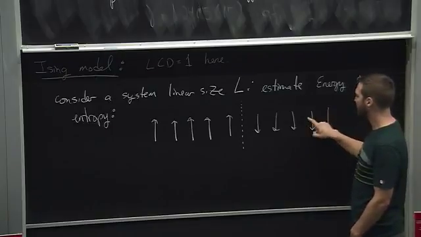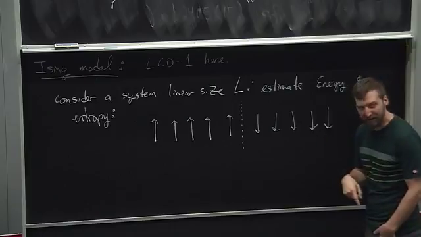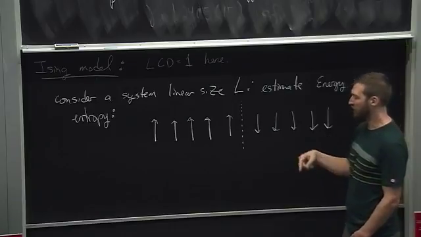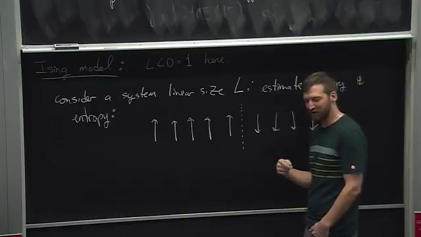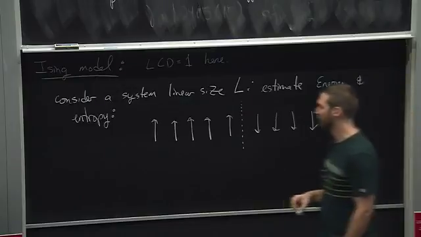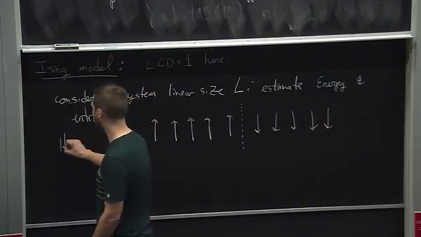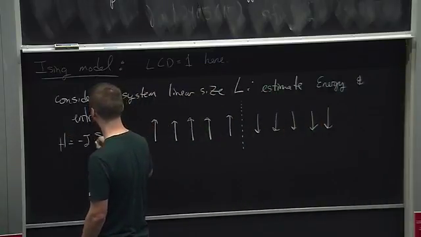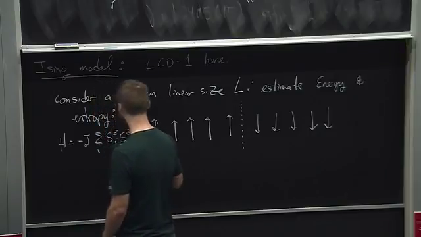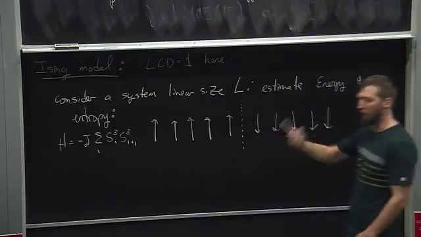Then, it wants to be ferromagnetic at 0 temperature. But the lowest energy thing you can do is for one term in that sum, like one term in S^z_i S^z_{i+1}, to break that bond.